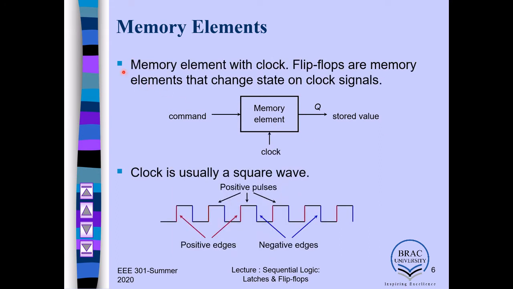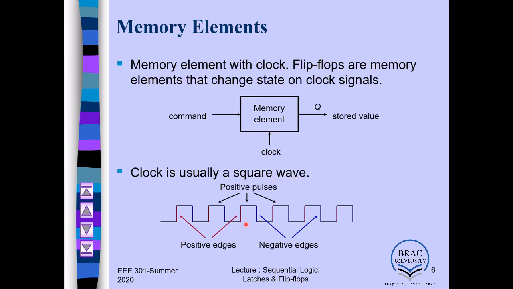Memory element with clock. Flip-flops are memory elements that change state on a clock signal. Whenever you give the clock, based on your command, it changes its state and stores it in the flip-flop. The clock is usually a square wave.